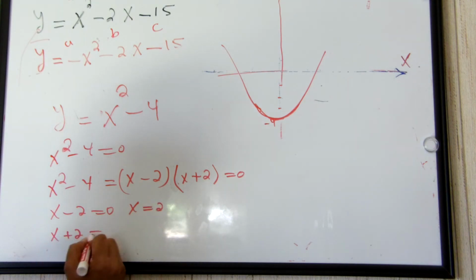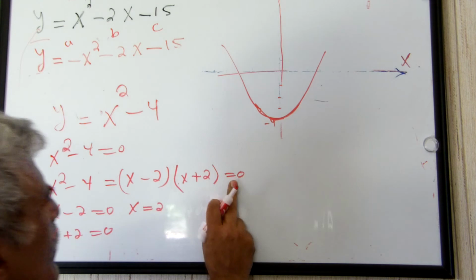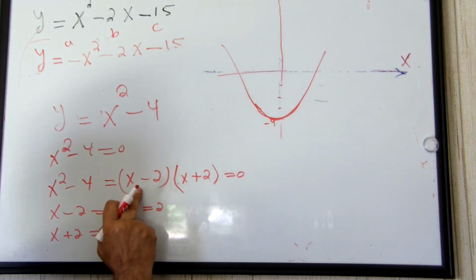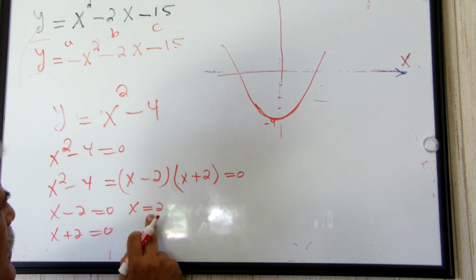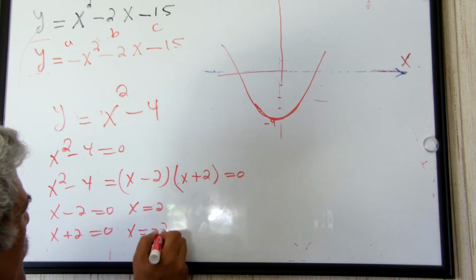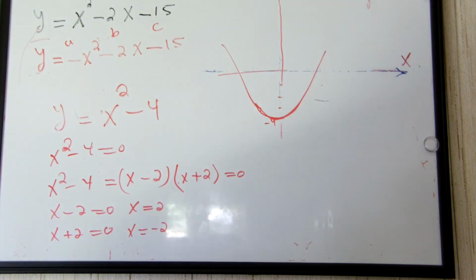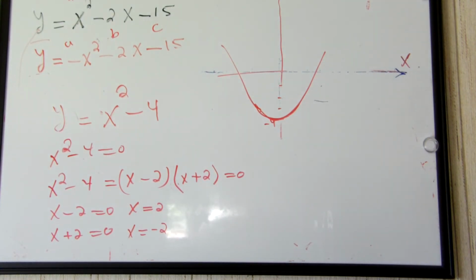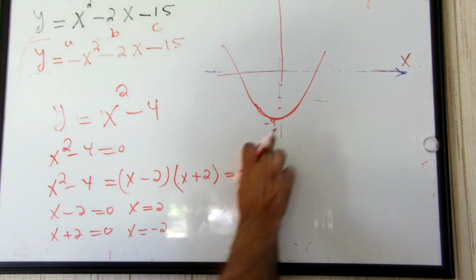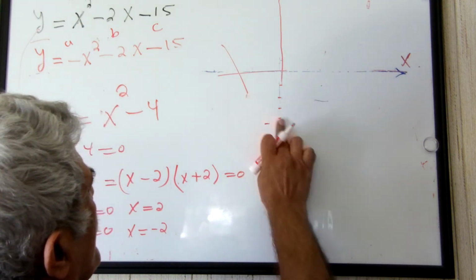If x plus 2 is equal to 0, x is going to be minus 2. So actually, that is where it intersects the x-axis.